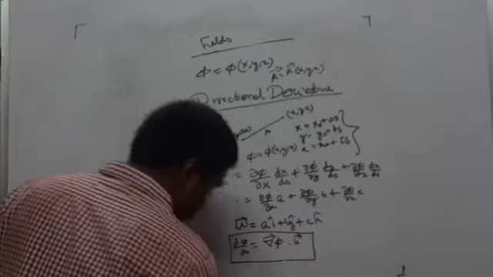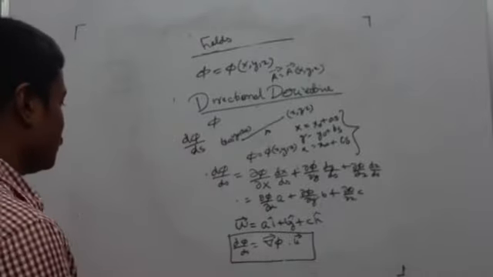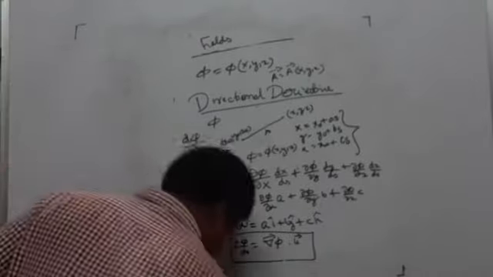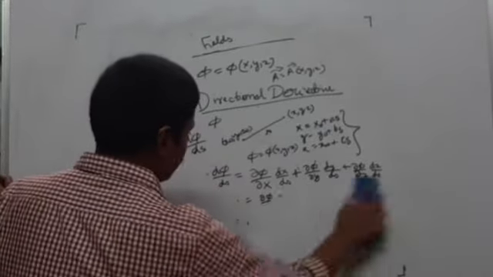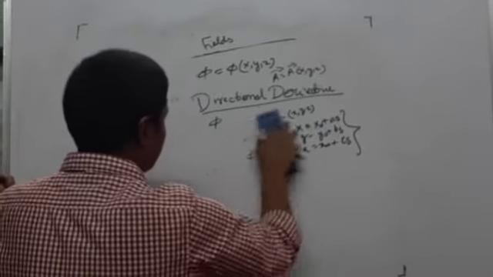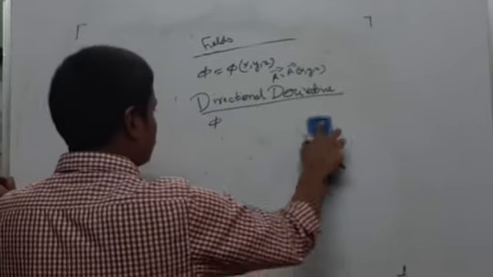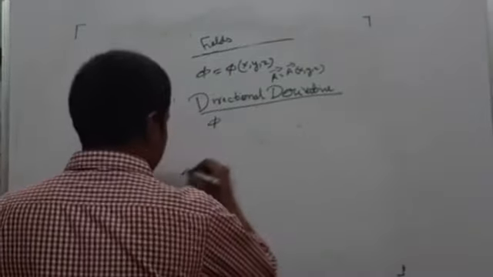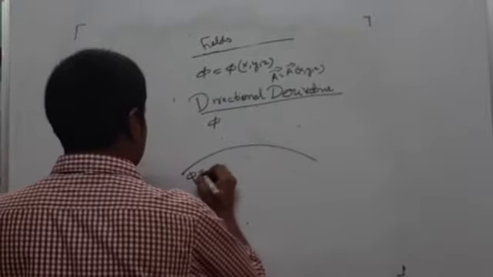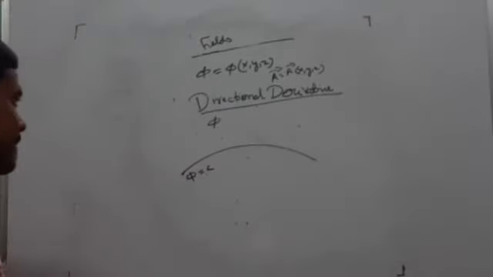And of course, you know that there's another concept which is extremely important in terms of the gradient of phi for vectors. Let's take a surface of phi equals constant.